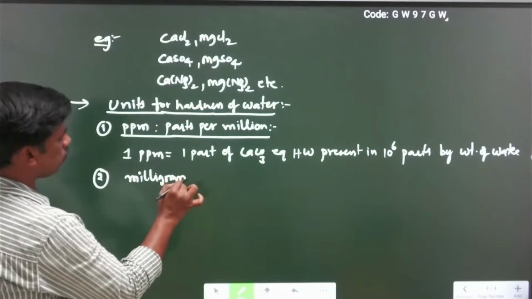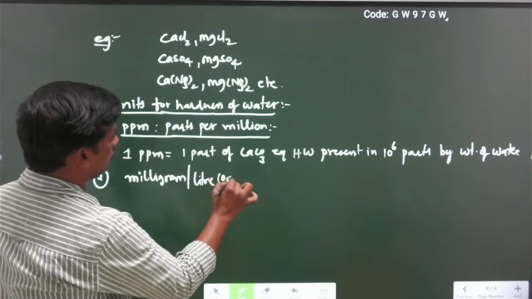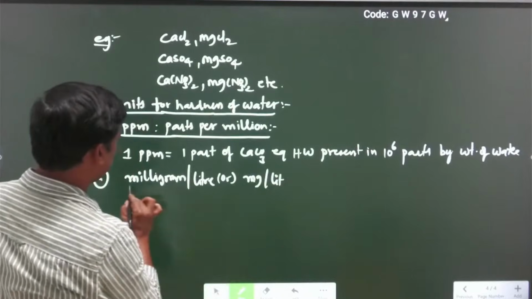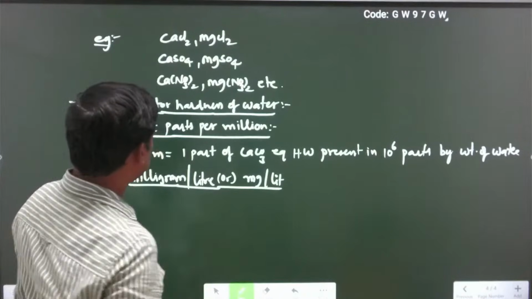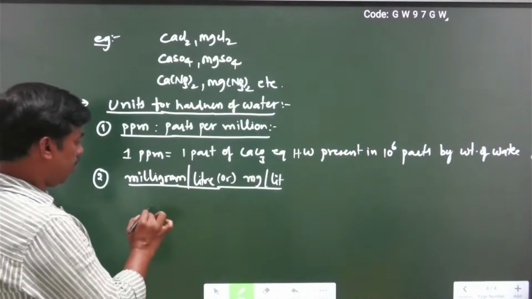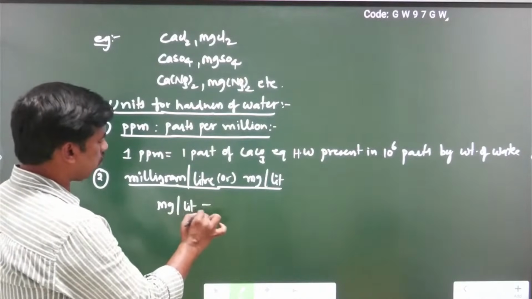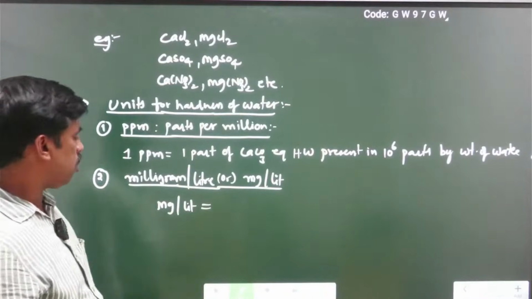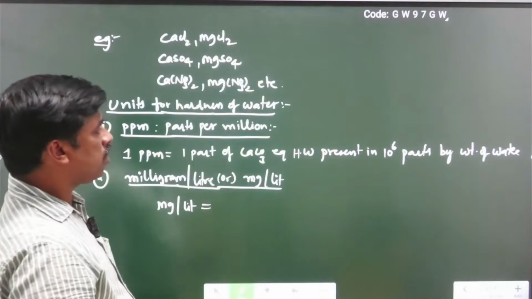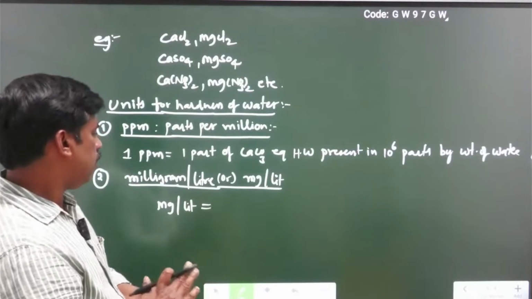Milligram per liter, which is represented as mg per liter. This one is also similar to ppm. Here, what is the definition? 1 part of CaCO3 equivalent hardness present in 1 liter of water.